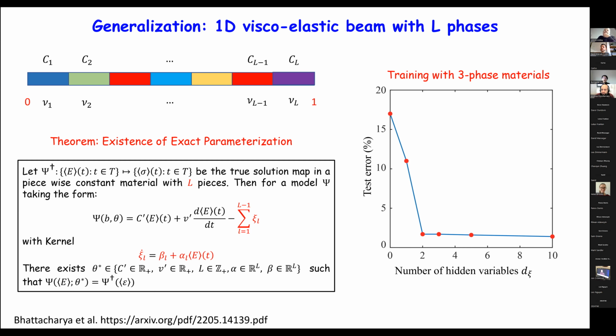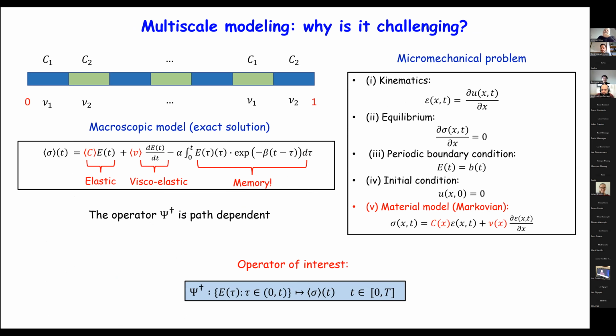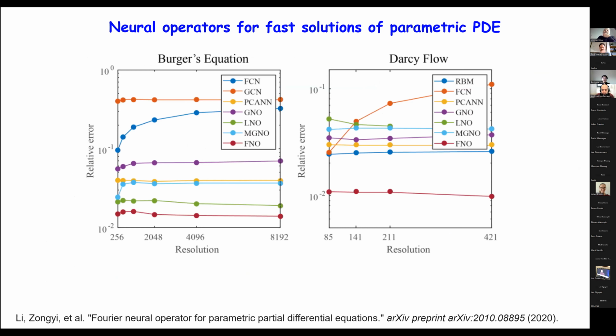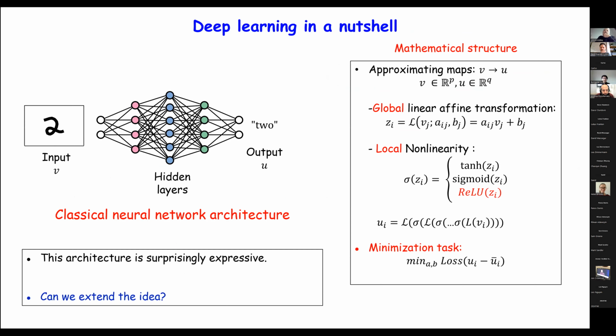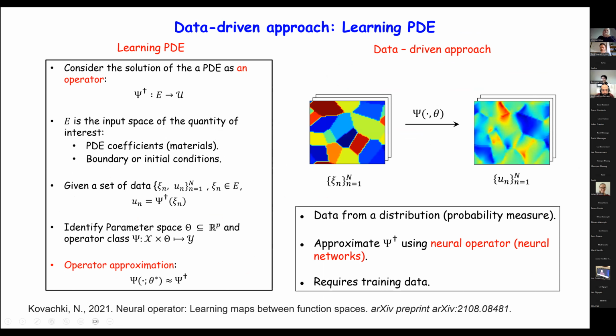And the reason I'm saying it all depends is that the key thing governing the amount of data you need is the probability measure you use to draw your data from. If your data is drawn from a very complicated probability measure that has singularities in the function spaces, that requires a lot of training data.